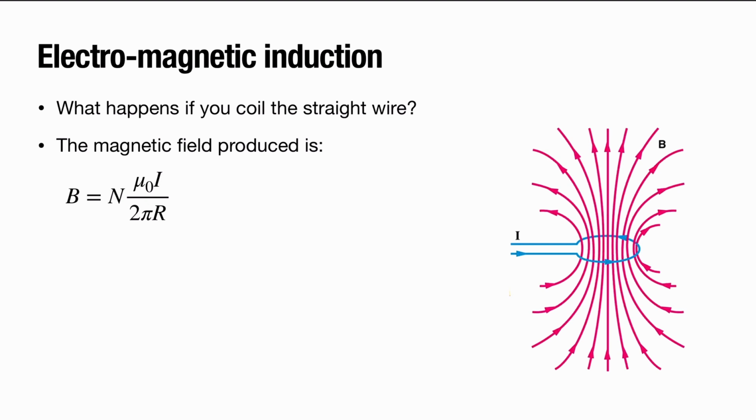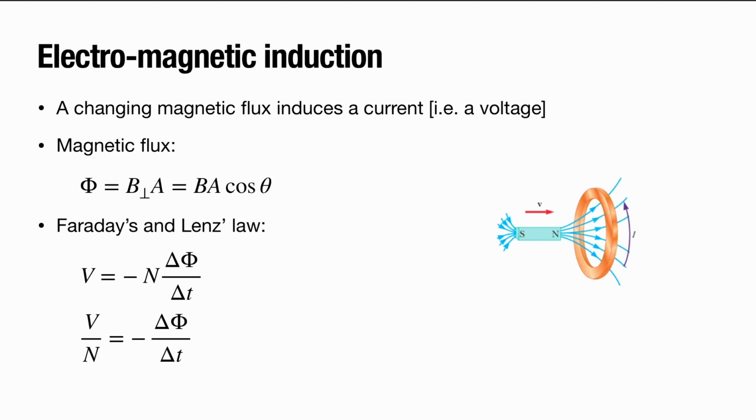But then people have historically been interested. We know that current gives us a magnetic field. Is it possible that, given a magnetic field, we can generate a current? Well, it turned out it was true, and this work was by Michael Faraday and Lenz, the earlier scientists.